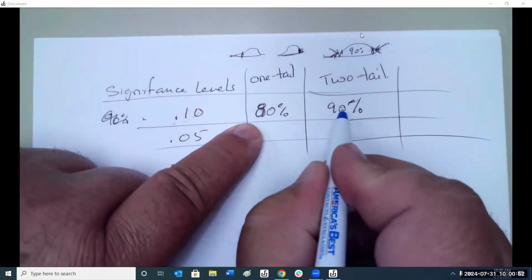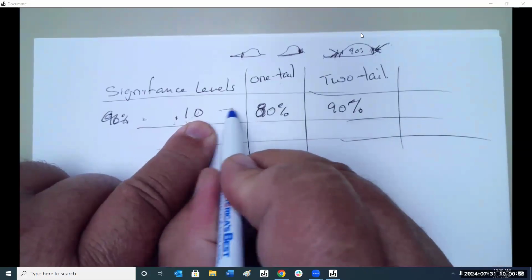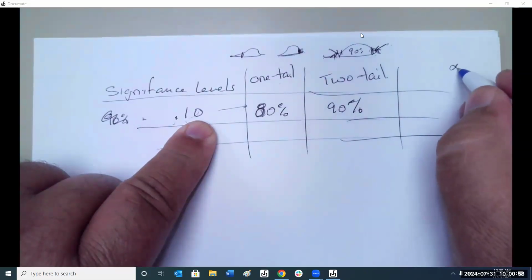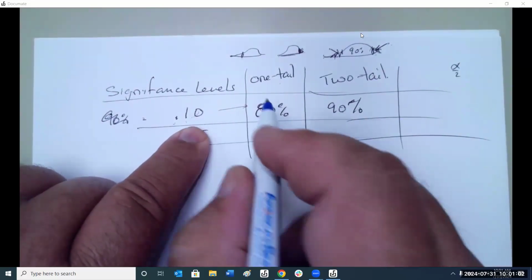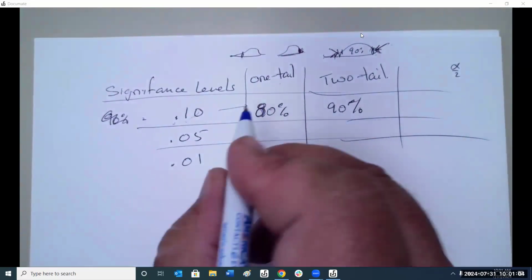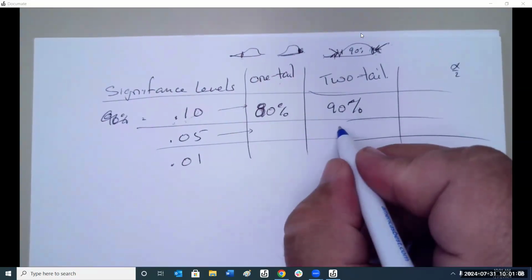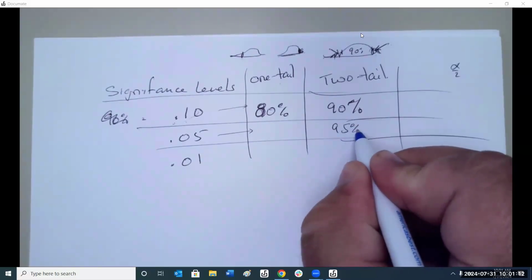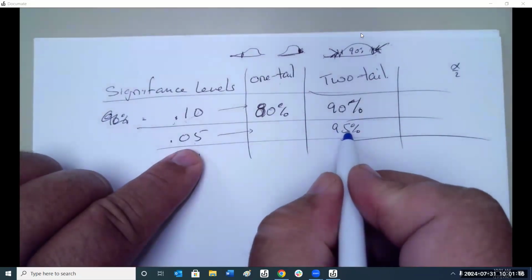Because this one's always going to be double this one. Remember, we do the alpha over 2. So to go from that value to here, we double it. So as for this one, what would that one be? Well, this one would be 95. So that's 5%.